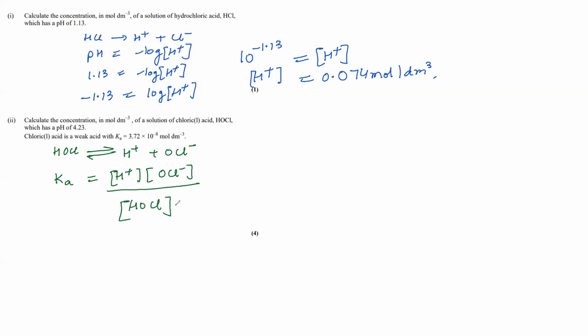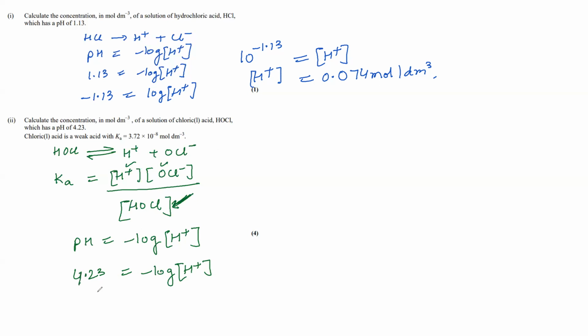So we have to find the concentration of this. For this, we need to calculate this and this also. The pH is 4.23, so pH is equal to negative log of H positive concentration. We need to find the concentration of H positive first.